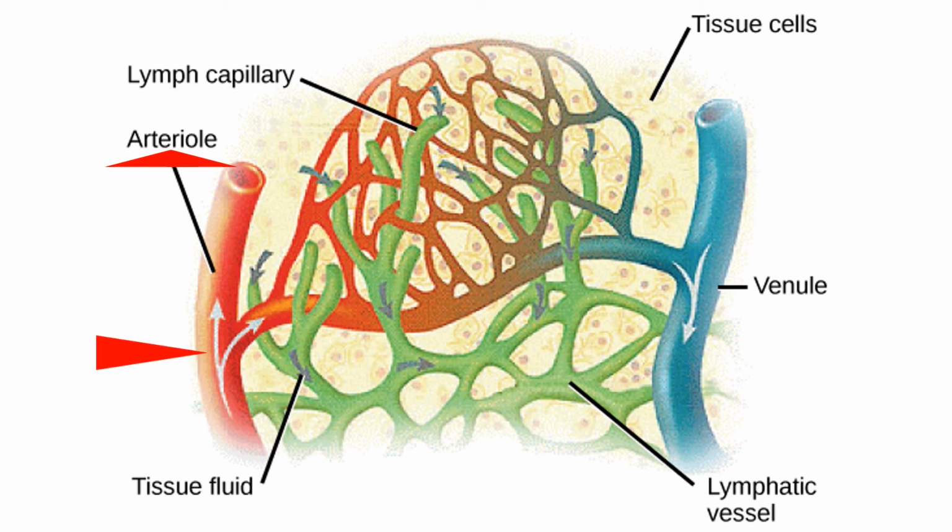This is going to enter the spaces between tissues containing the cells, and it brings tissue fluid. What does tissue fluid contain? It contains oxygen and several types of nutrients, and this fluid is going to bathe the tissue cells.